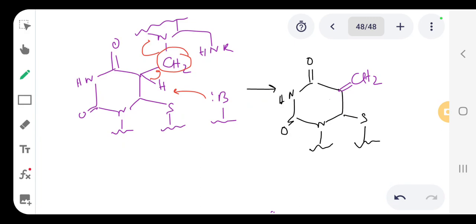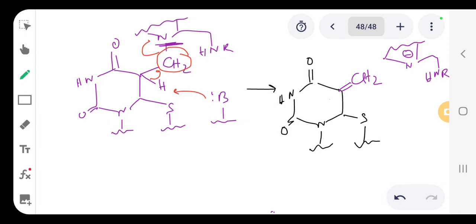Now what is happening? Now there will be the N minus. So this part breaks. When this breaks, there will be the N minus, NHR, and there will be these things. I am not drawing the full structure.